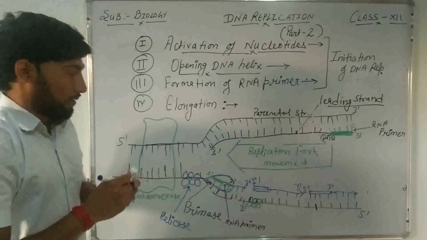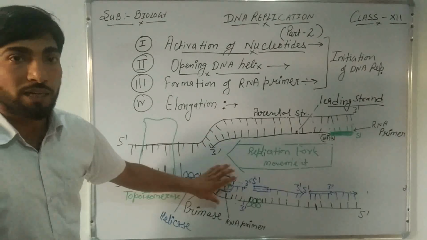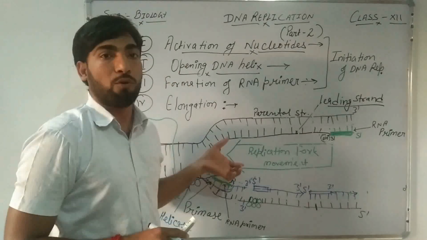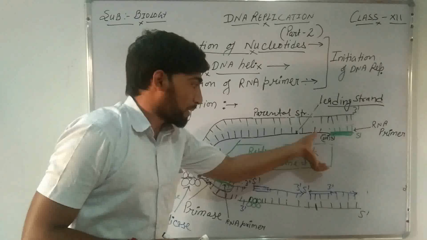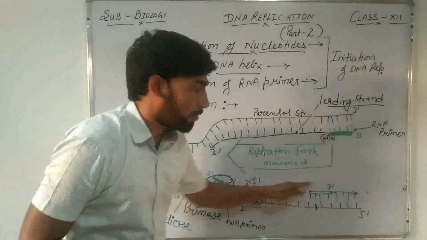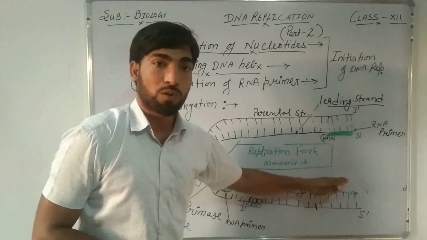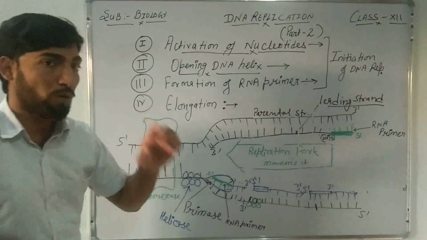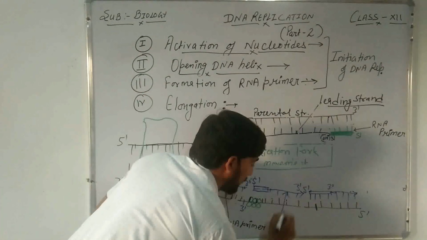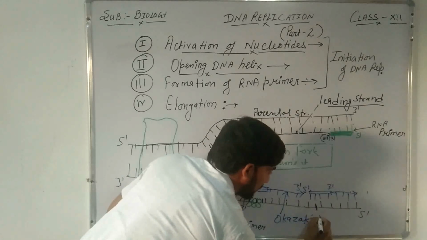The reason behind the synthesis of this strand in a discontinuous manner is the movement of the replication fork, because the movement of the replication fork is to this side and the DNA is synthesized opposite to the direction of the replication fork. That's why this strand is synthesized in the form of small DNA fragments, and these fragments are known as Okazaki fragments.